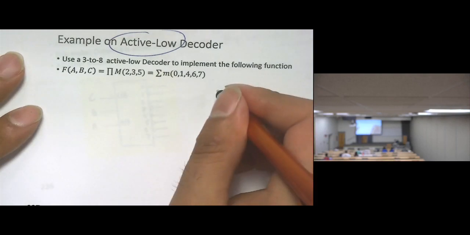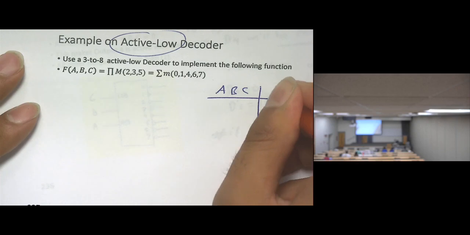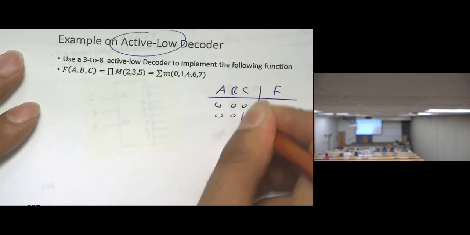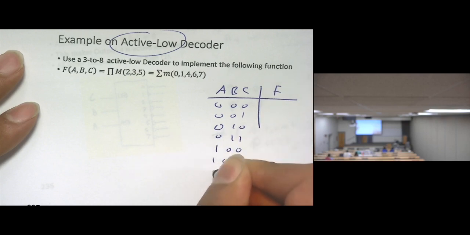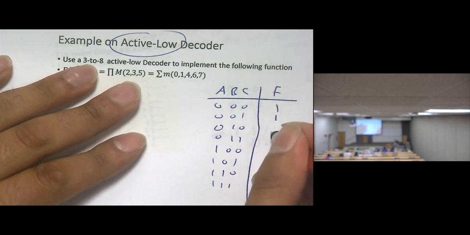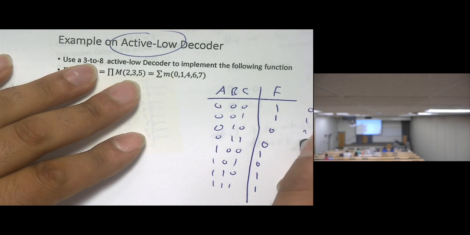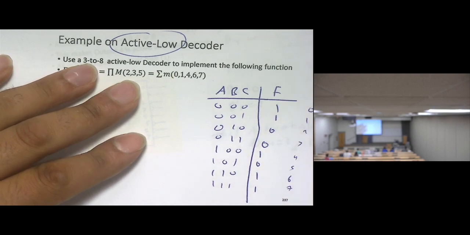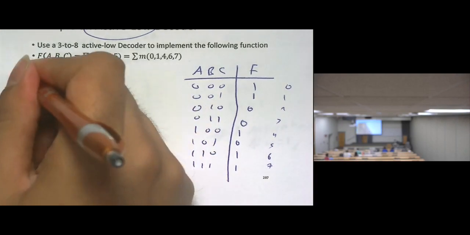Now, when we make the Karnaugh maps, or the truth table, 0, 0, 0, 0, 0, 1, 0, 1, 0, 0, 1, 1, 1, 0, 0, 1, 0, 1, 1, 1, 0, 1, 1, 1. So here, this will be 1, 1, 0, 0, 1, 0, 1, 1. Yes, 0, 1, 2, 3, 4, 5, 6, 7. How can I make active low? How can I take this from active low decoders? Let's plot the decoder.